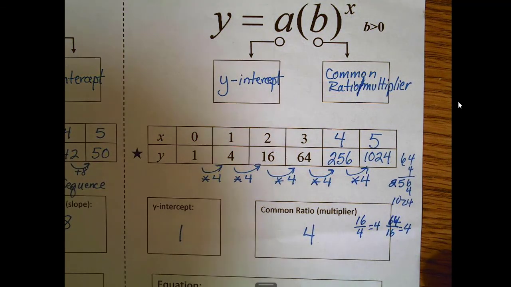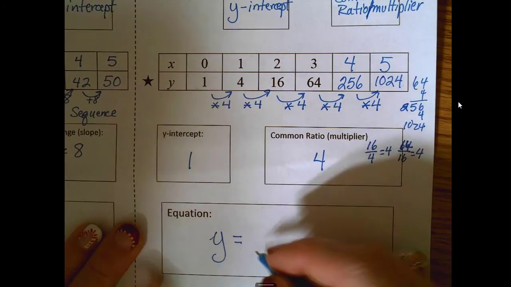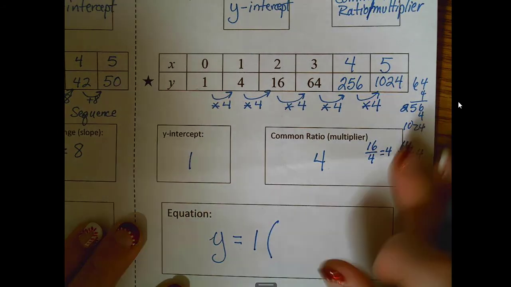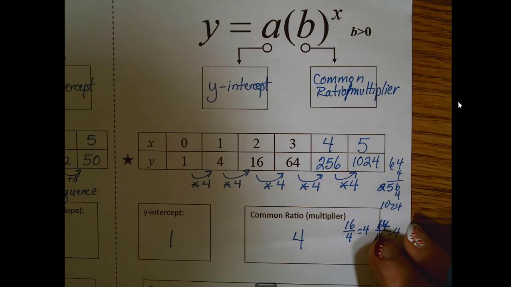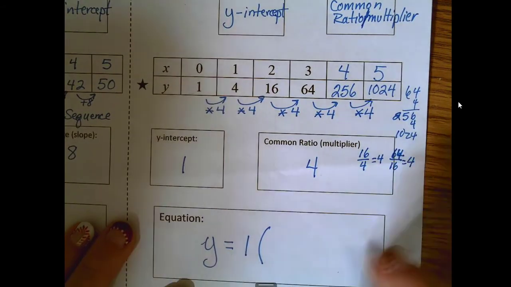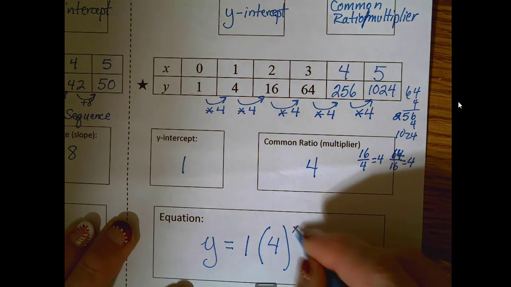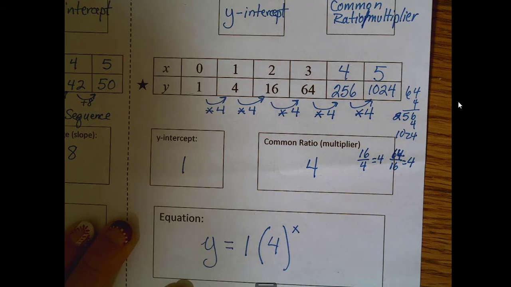We need the letter A first, and remember that A is y-intercept, so I'm going to put 1 here first. Then I put my parentheses. The B is that common ratio, and we found out that that is 4. And then we're going to raise it to the x power.